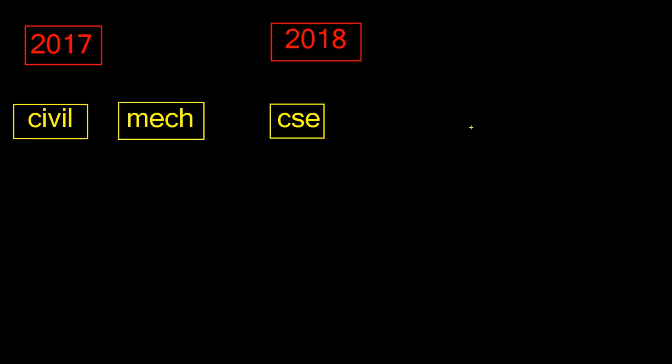Civil already had a class that was getting full, so they needed to assign three separate classes: civil, mechanical, and CSE also.